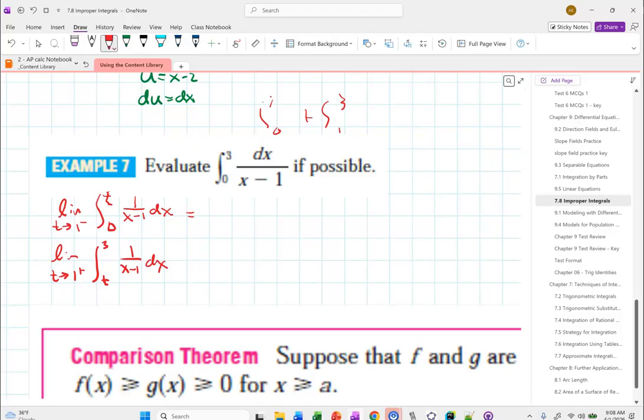What's the antiderivative of 1 over x minus 1? Use a u substitution and a natural log, right?